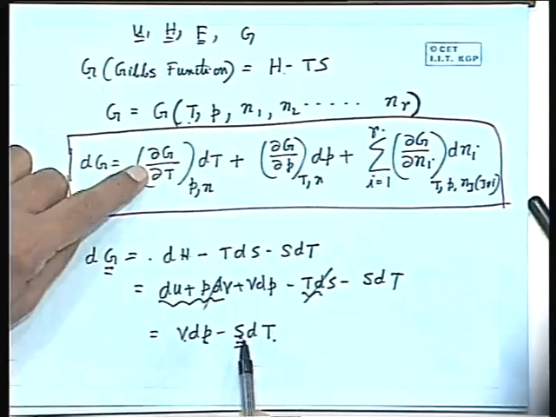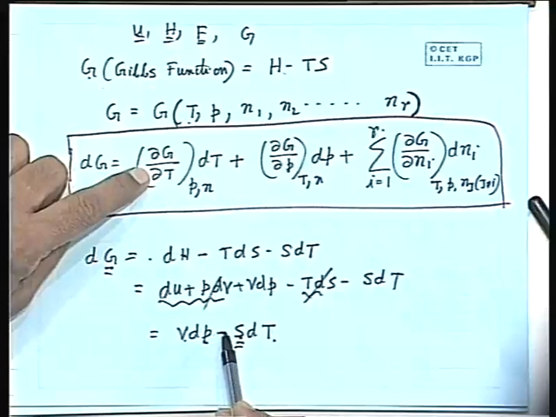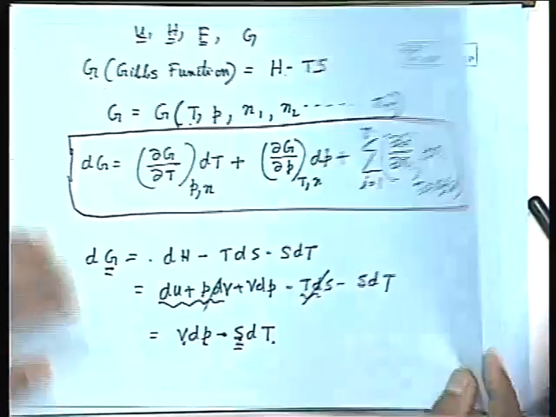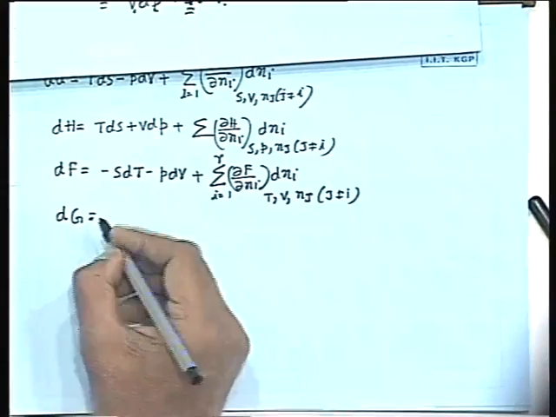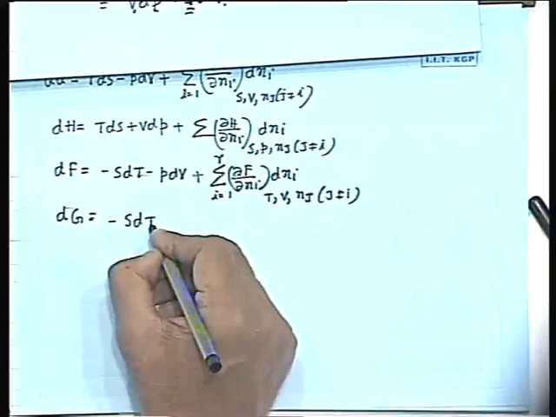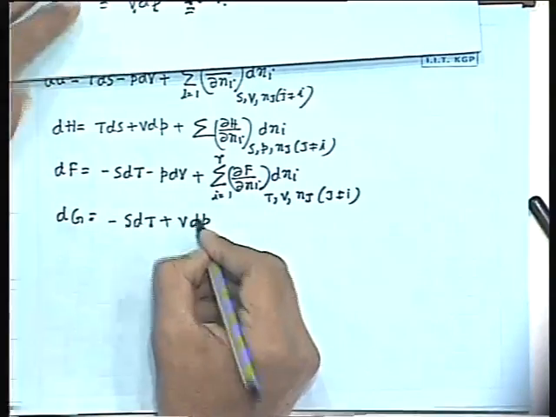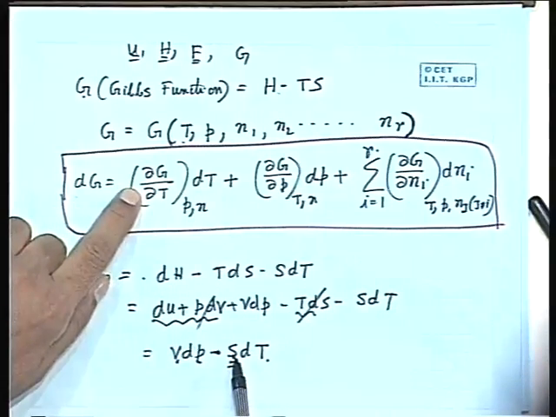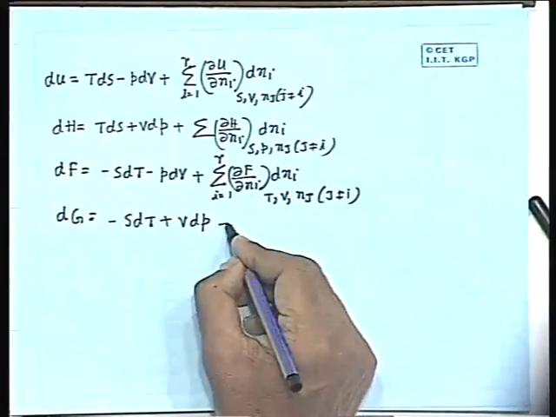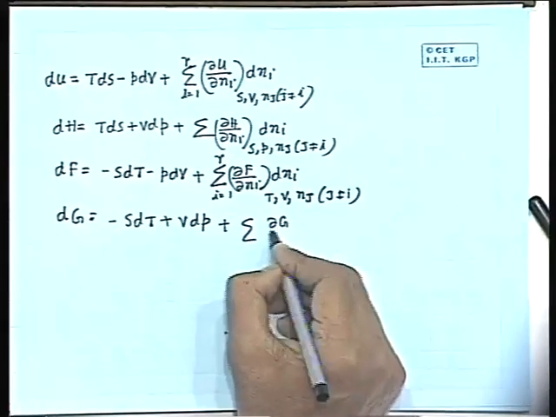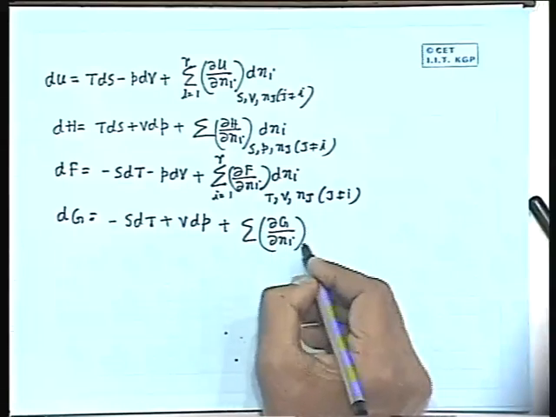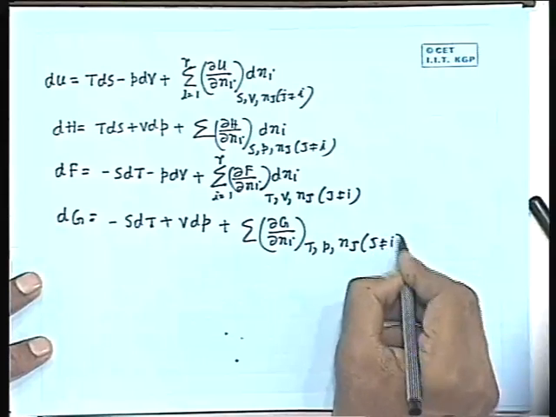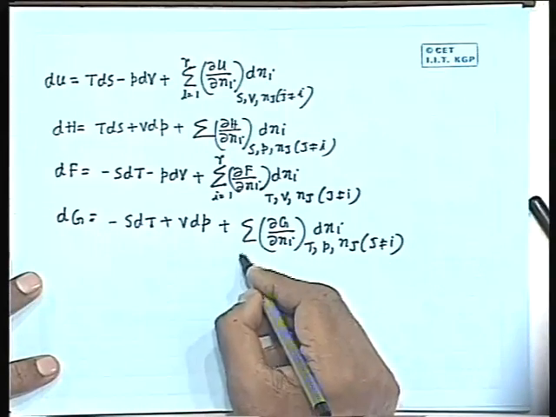So in place of del G del T we put minus S, and in place of del G del P we put V. So we are not separately putting it here; we put straight minus S dT plus V dP, and in addition this term, sigma del G del n_i at T, P and n_j, j not equal to i, dn_i, and this summation is from i.